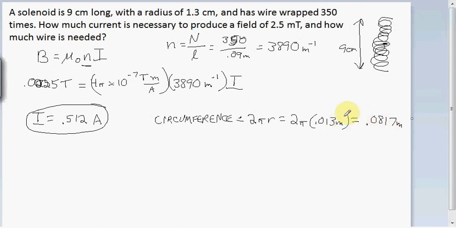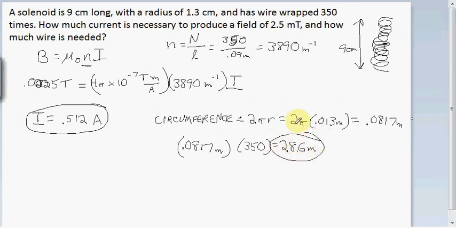So that's how much wire it takes to go around once, and so to go around 350 times, that's going to be 0.0817 meters times 350, which is equal to 28.6 meters. So that's how much wire it takes to make this solenoid.